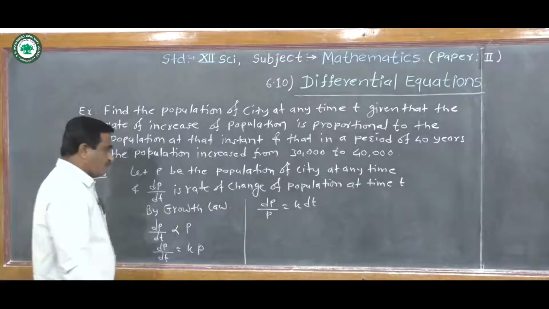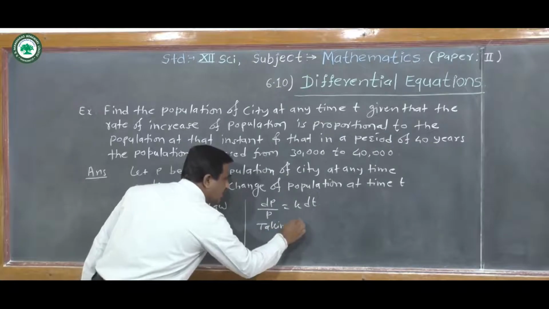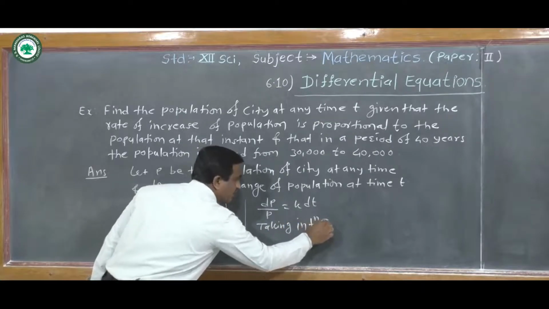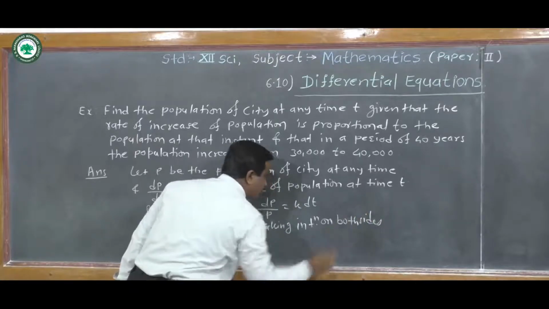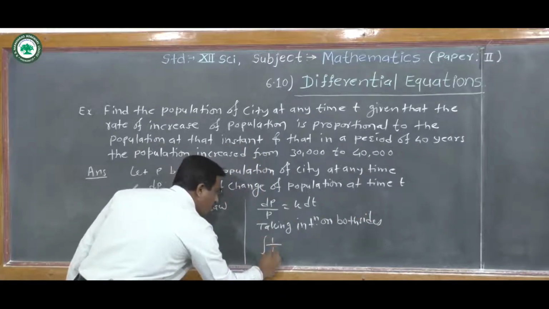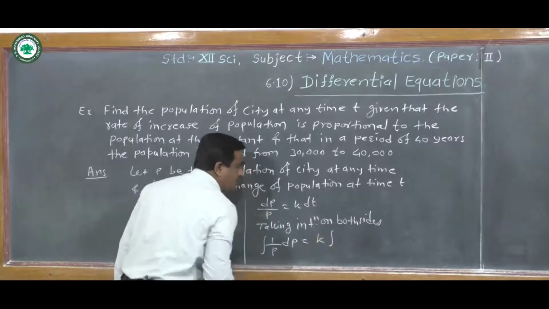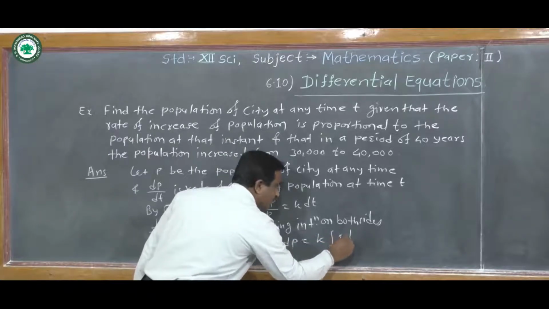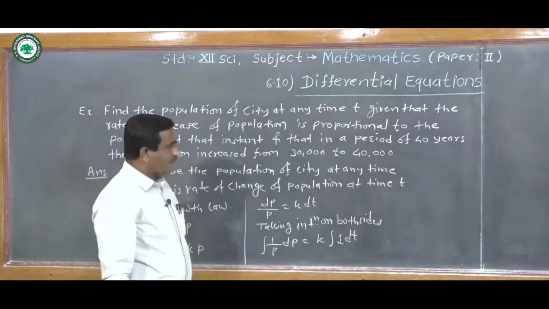Taking integration on both sides, we get integral of 1 upon P dP is equal to k, k is constant, into integral of 1 dt.